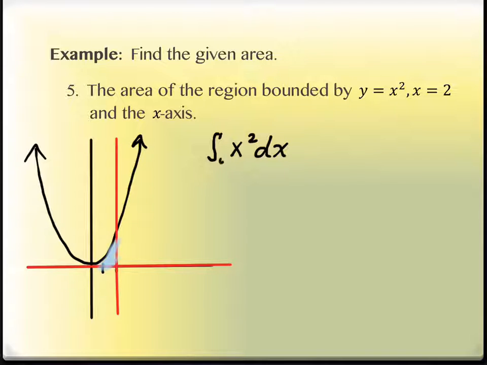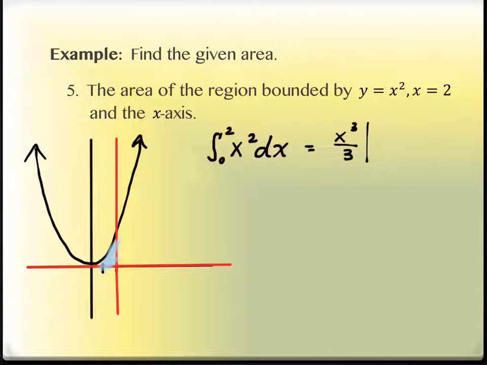0. So I started my blue shading at the y-axis, or the origin actually, right? What is the upper limit of integration then? It's 2. All right, what's the antiderivative of x squared? x cubed over 3.